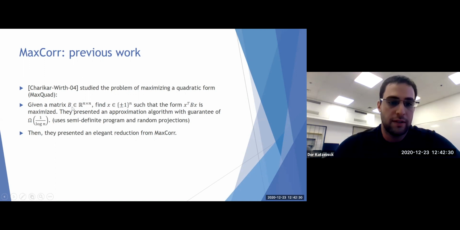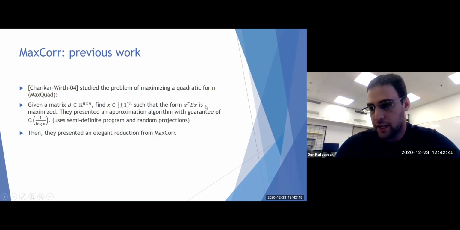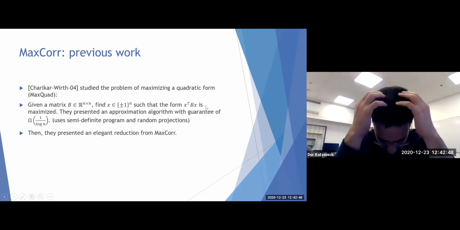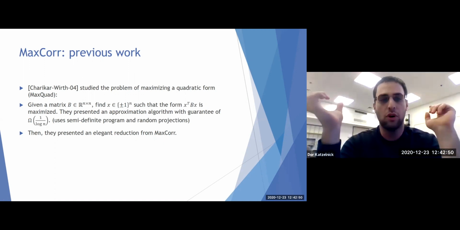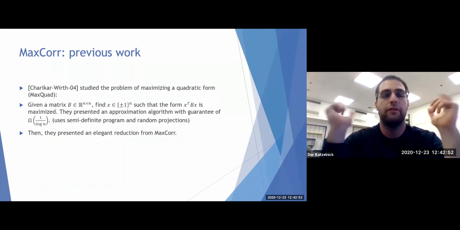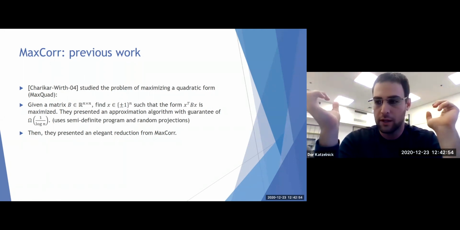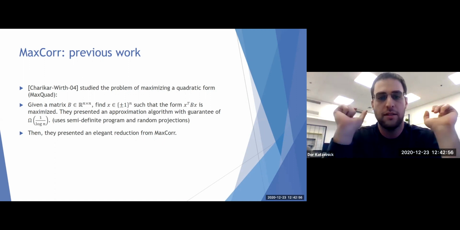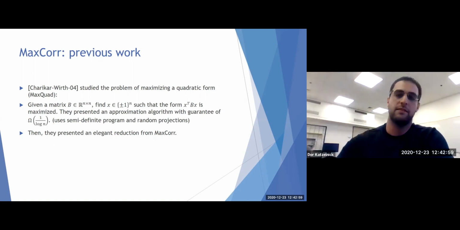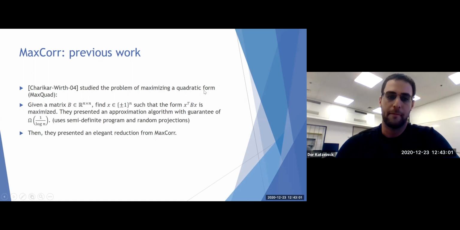We're given an n by n matrix B, and we want to find an n-dimensional vector x over plus and minus 1 that will maximize this form, x transpose Bx. And it's very easy to notice that if you want to solve max 2-core, that is, you're given a graph and you want to find a clustering with only 2 clusters, then this is exactly like maximizing a quadratic form.